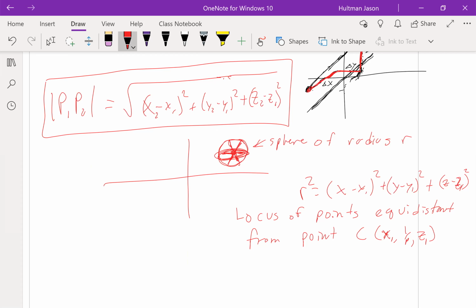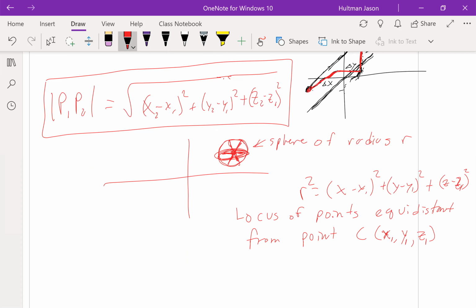Anybody know? It's constant? No, it's not constant. It's the center. It's the center, exactly. Thank you, Omar. It's the center of the sphere. That's why it's point C.